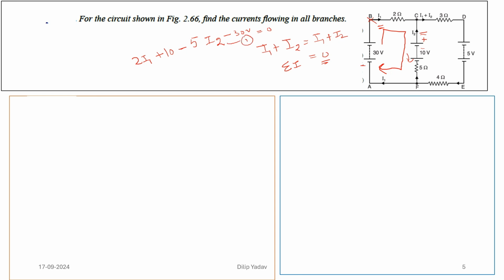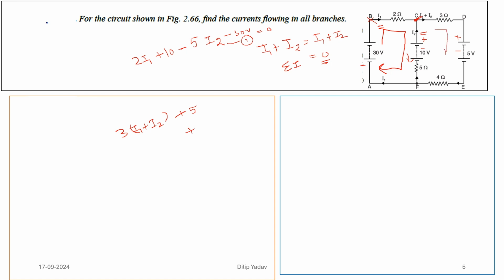Now going to the second equation, if I start from this point, it will be 3 times I1 plus I2, which has been specified already. Then going to this point, this is the positive and this is the negative terminal, so I will take it as 5. Then at this point it is going downward, and the direction of the current is the same as we have taken.